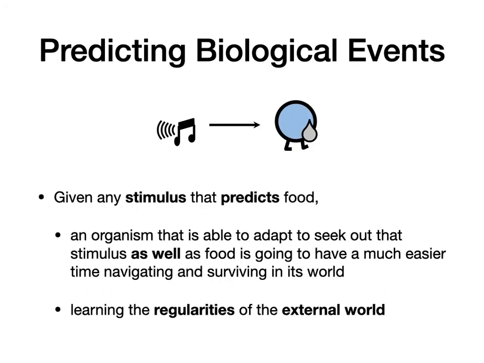Predicting biological events is the idea that, given any stimulus that predicts food, for example, an organism that is able to adapt itself to seek out that stimulus, as well as food, is going to have a much easier time navigating and surviving its world.